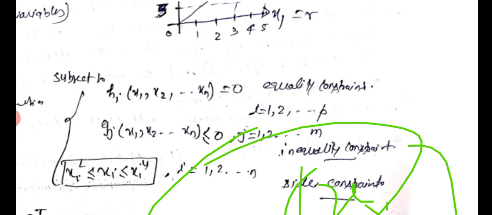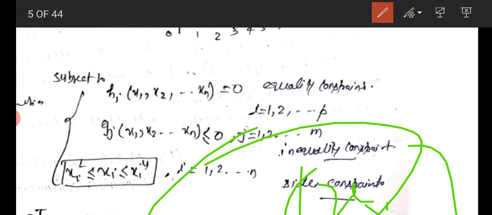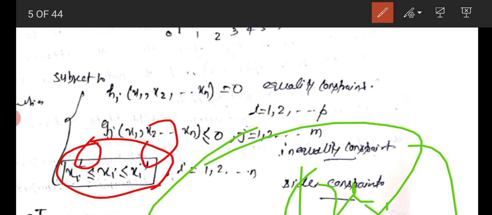And there are some boundary conditions, or side constraints: xi lies between xi lower bound and xi upper bound, where subscript l is the lower bound and u is the upper bound, and i varies from 1 to n.